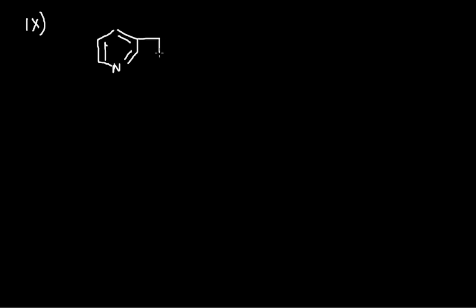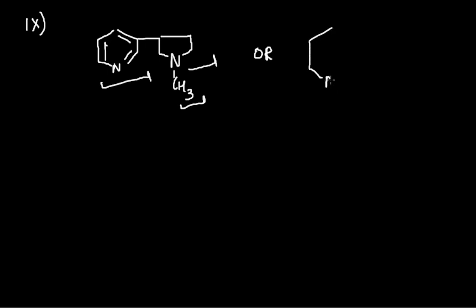So it could be this, or there is a possibility that the structure could be this. Both of these are possible based on the information that we have till now.